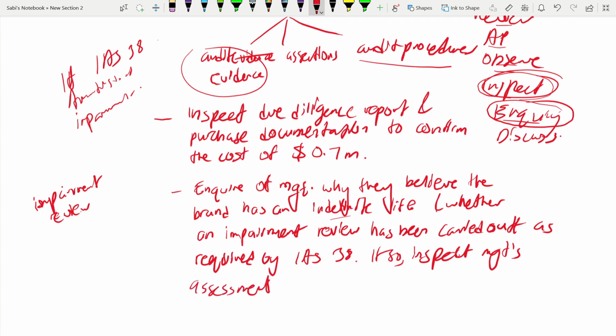You have to inspect the assessment and review the assumptions. Remember, wherever estimates and assumptions are used, you have to review. Review comes for the assumptions and estimates. So review the assumptions used for reasonableness, to check whether it's reasonable or not.